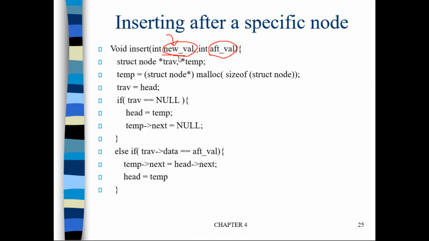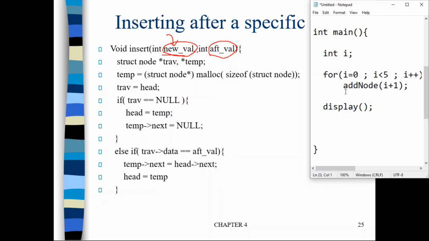So how can we call this function? If I want to add a new node after node 3 and before node 4, and the new node's value is 35, then I should call insert 35, 3. 35 is the newval, that is the value of the new node, and it should be added after the node whose data part is 3.